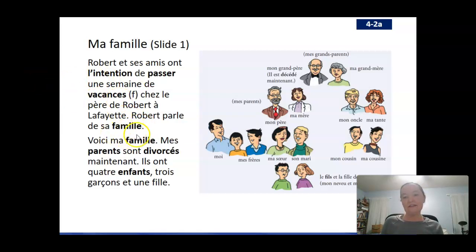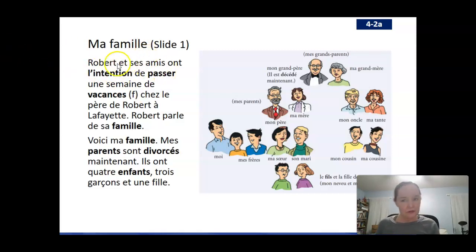And then finally, famille. So if you look at these four words together, intention, pass or spend, vacation, and family, we can probably guess that Robert, the subject of this paragraph, has the intention of spending some vacation time with his family. And let's see if we're right about that.